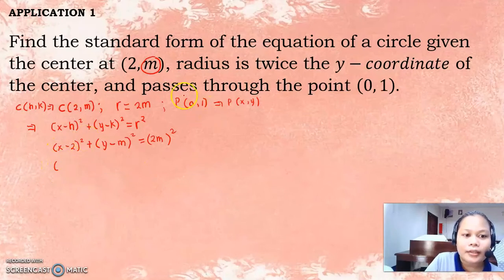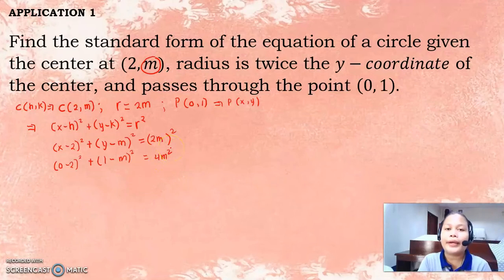So our x is 0, then minus 2 squared, plus y is 1 minus m squared, is equal to 4m squared. So our goal here is to find the value first of our m.